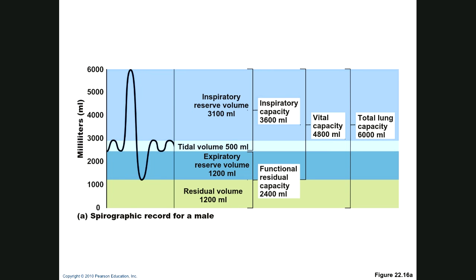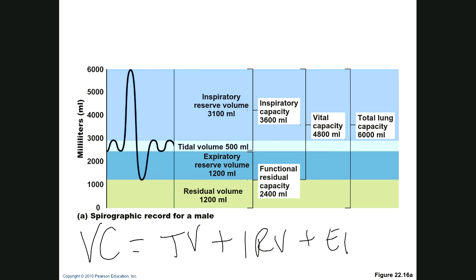Vital capacity is the tidal volume plus the inspiratory reserve volume plus the expiratory reserve volume, so all the volumes except residual volume. Total lung capacity is all the volumes including residual volume.